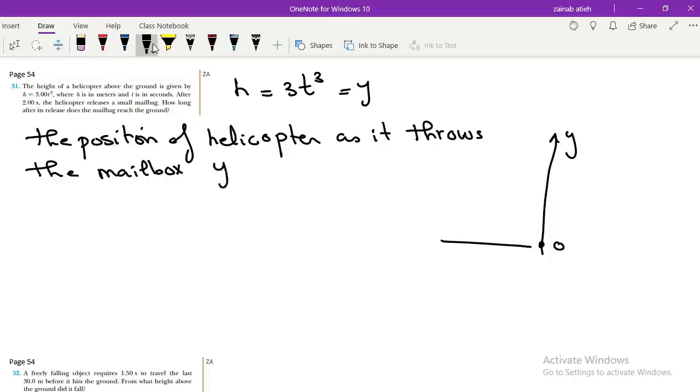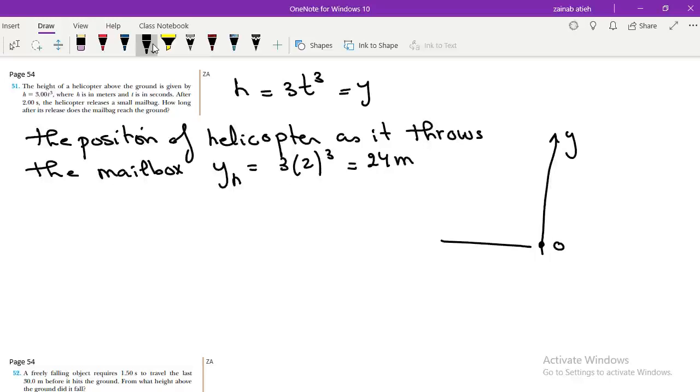I will get y of the helicopter, y_H, equals 3 times 2 cubed. How much is it? It's equal to 24 meters. We found the y of the helicopter. Now let's find its speed.